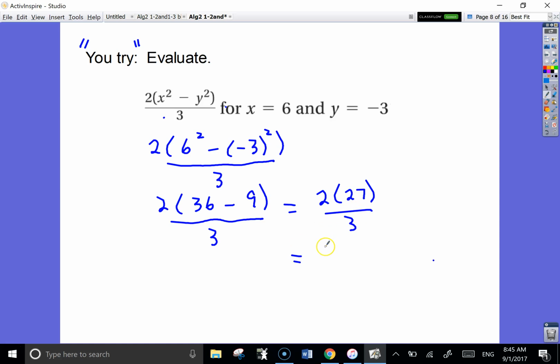But without a calculator, I would probably turn this into 2 times 27 over 3, which is 2 times 9, which is 18. You could have multiplied 2 times 27, that would be 54. 54 divided by 3 is 18. Either way.